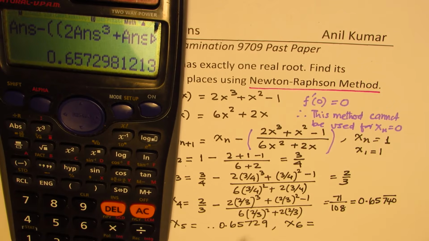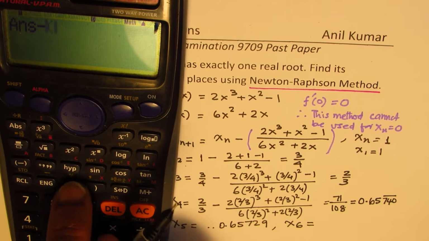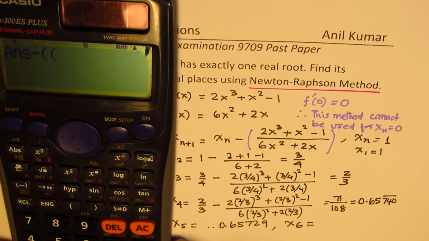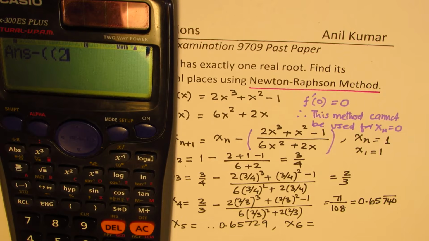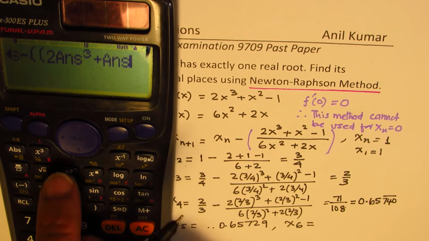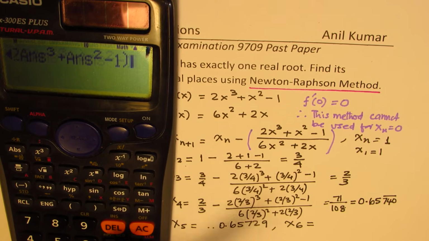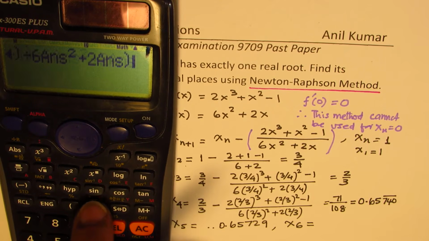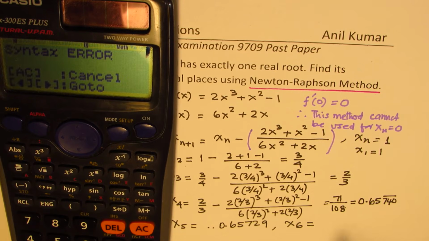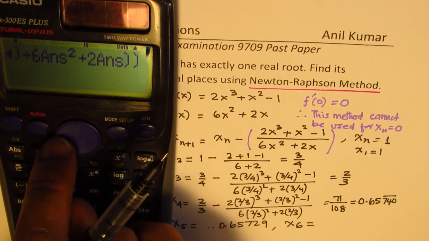Again we'll put the answer back, minus 2 times the answer cube plus answer square minus 1, bracket close, divided by 6 times answer square plus 2 times answer, bracket close, equals... some error. Let's see what happened.